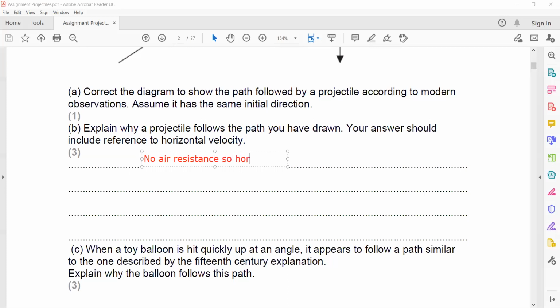The horizontal component does not change, it remains constant.